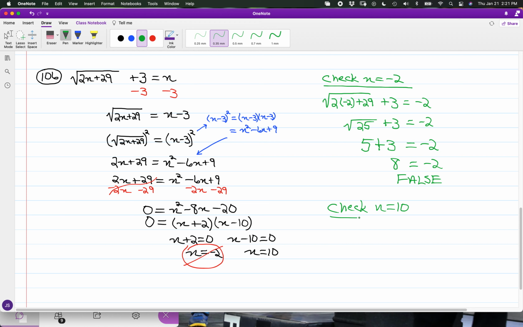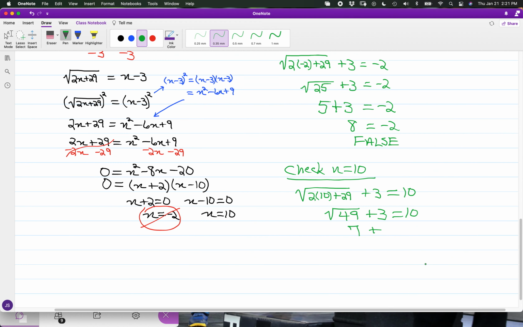And for n equal to 10, you have the square root of 2 times 10 plus 29, followed by the addition of 3, is equal to 10. We get 2 times 10 is 20, plus 29 is the square root of 49. Again, square root of 49 is 7 and only 7.